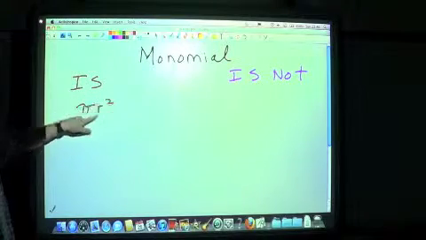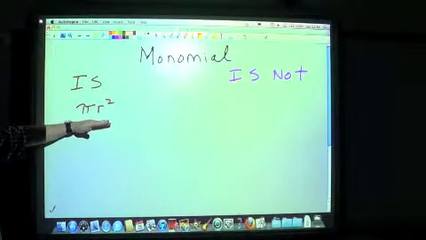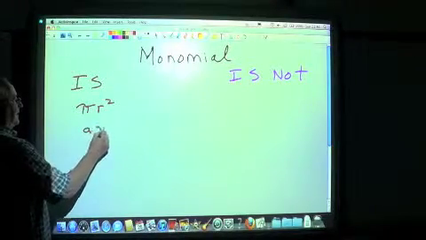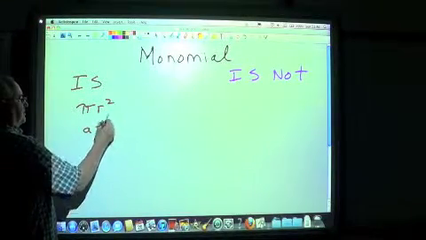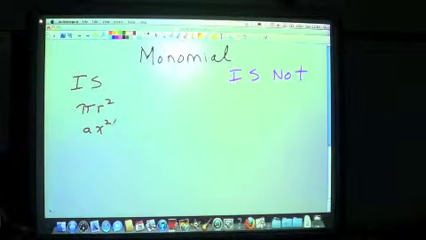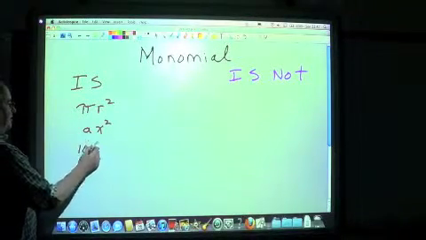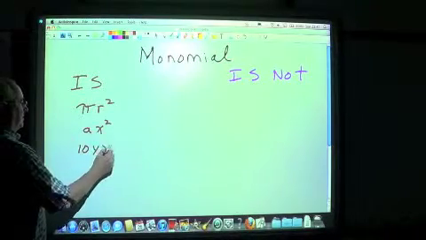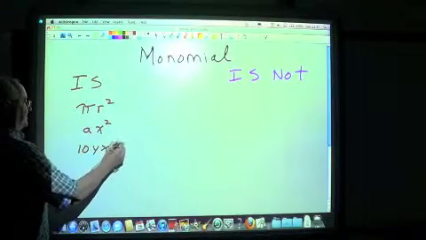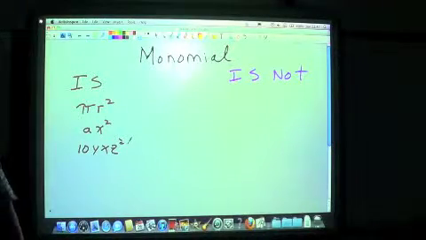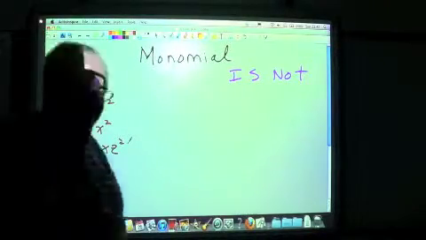It has one variable. A monomial could have more than one variable in there. For instance, we could have ax squared. We could have 10 y x z squared. All of these would be variations of monomials.